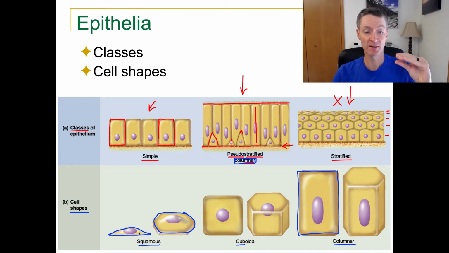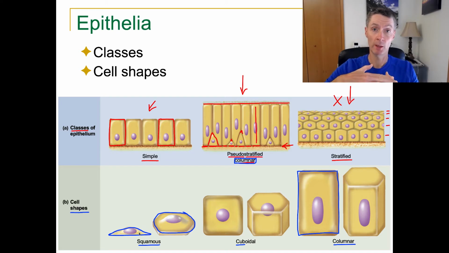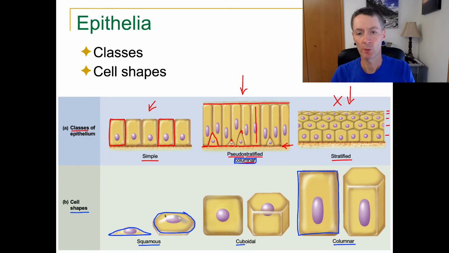Now, this does not mean that you couldn't have squamous cells piled on top of one another, stratified, okay? Or you may have these very thin cells in a single layer, simple, okay? So what we do is we take these terms and we combine them.